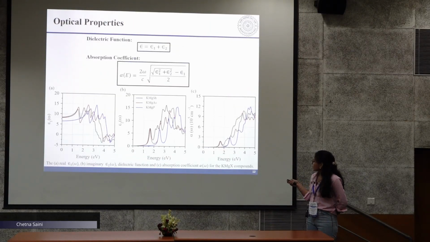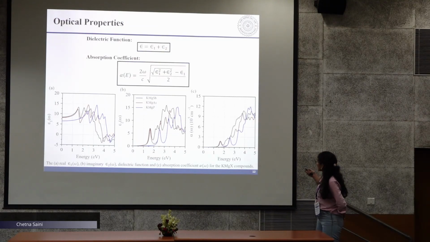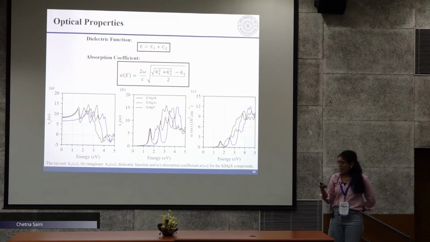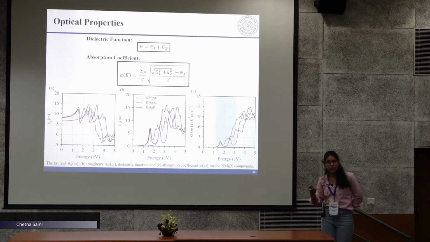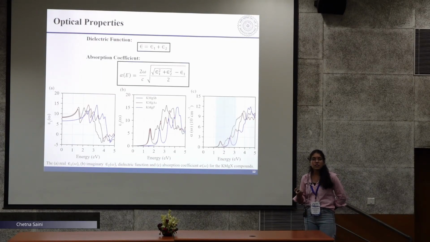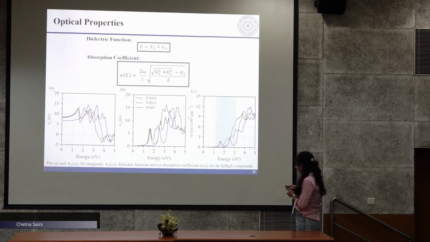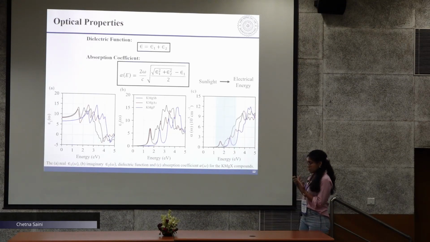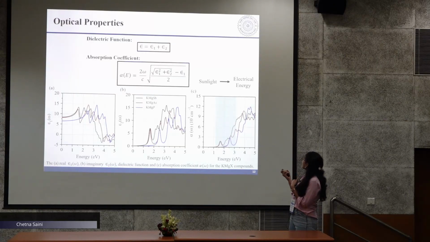We first calculate the real and imaginary part of the dielectric constant, which helps us to investigate the absorption coefficient of the material. KMGX shows an absorption peak near the absorption onset in the visible region. This high value of absorption coefficient suggests that all the KMGX compounds are promising candidates for the photovoltaic application.